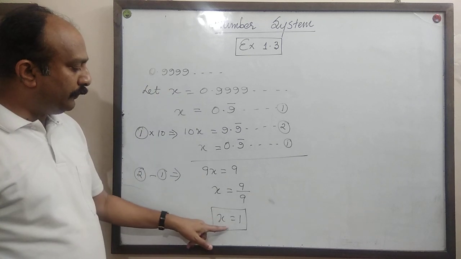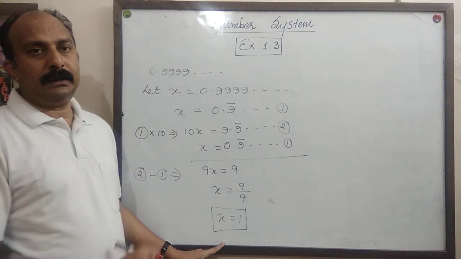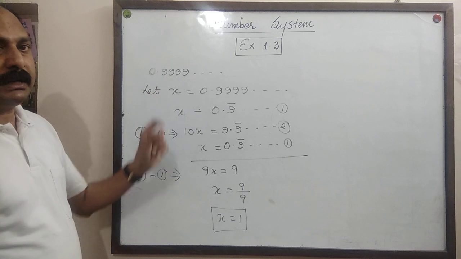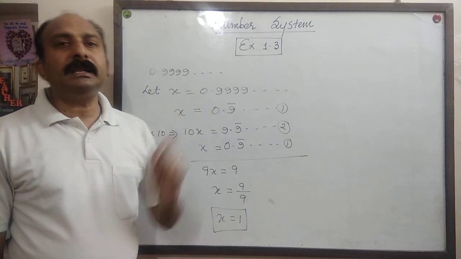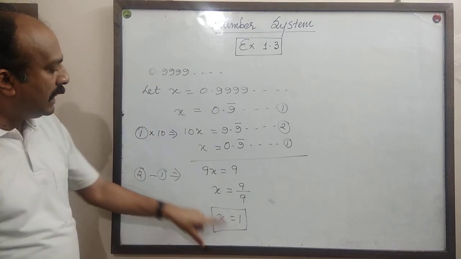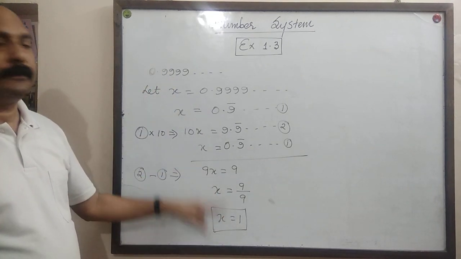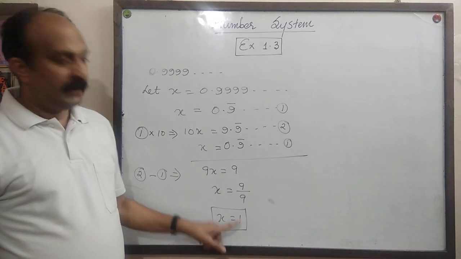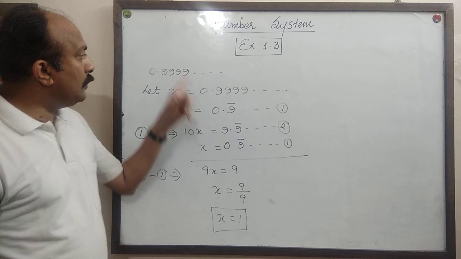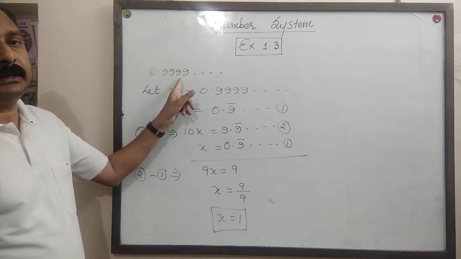In P upon Q form, the answer is 1. But the actual question was 0.999, which is a little less than 1. So, are they exactly equal? No. This is a little more than what was in the question.